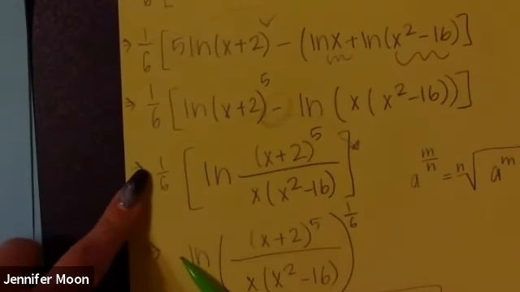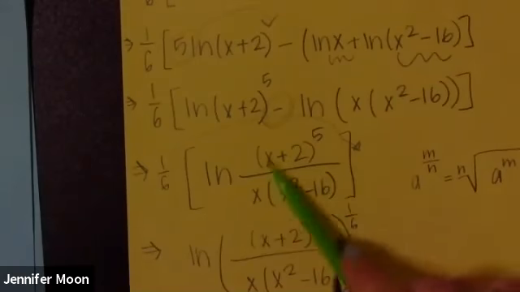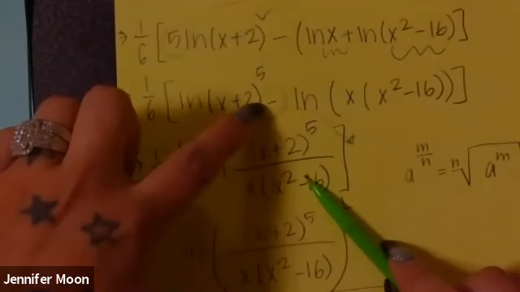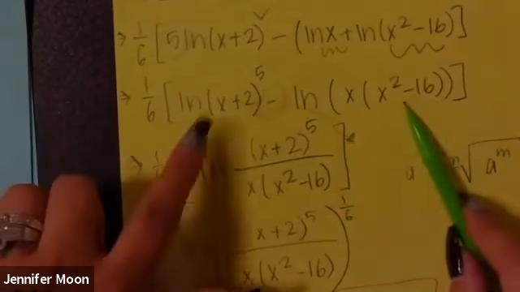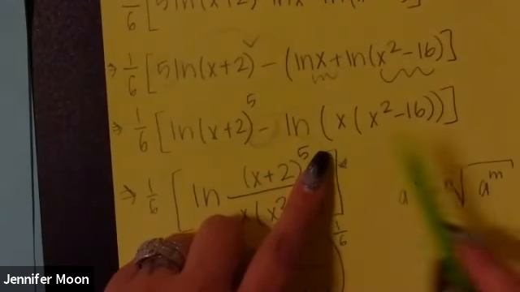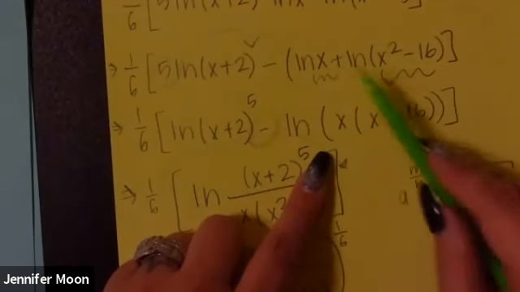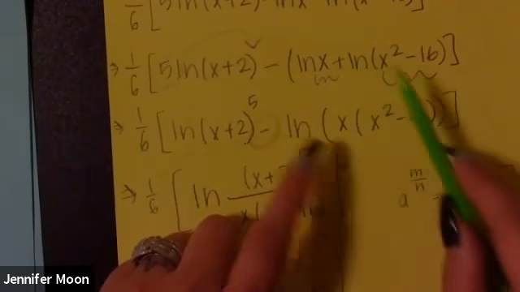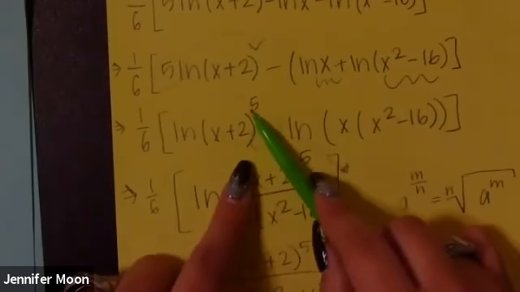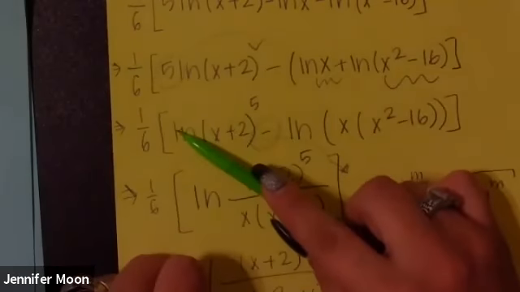Okay, I did that. Then I would notice, hey, division's going on here. Let's subtract the numerator and the denominator from each other. Then what I would notice here is that this is multiplication. It can be written as a sum of the natural log of both of these terms. And I noticed that my exponent right here can become a coefficient.